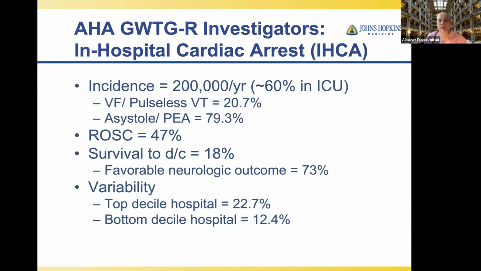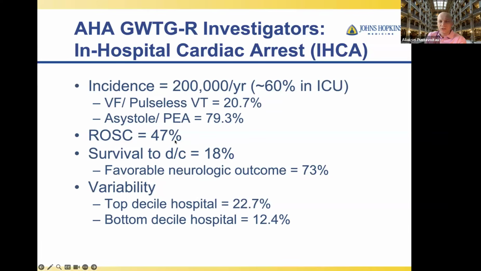About 60% of those happen in the intensive care unit, where resources are more concentrated. Of in-hospital cardiac arrests, ventricular fibrillation or pulseless ventricular tachycardia happen in roughly 20 percent, and in 80%, or 4/5, the arrests are asystole or PEA.